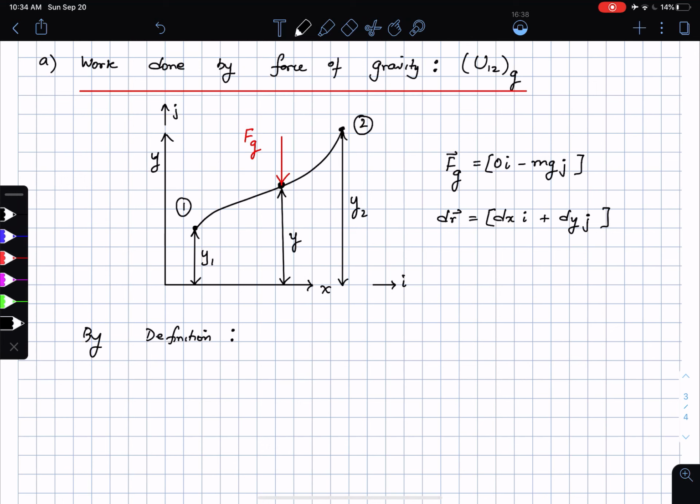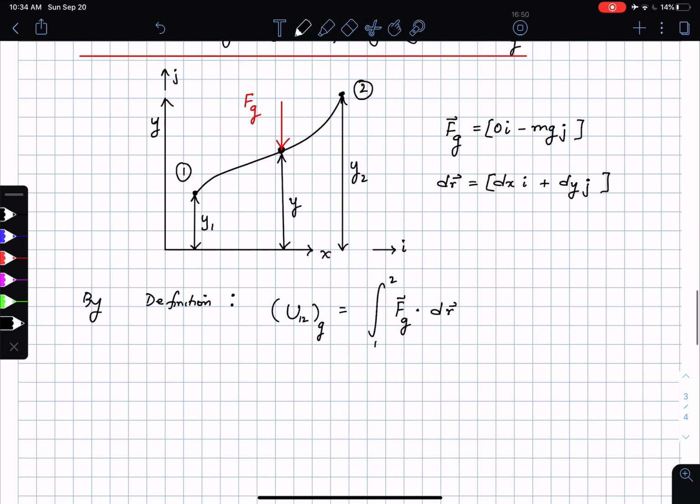the net work done U12 by the force of gravity on the particle is going to be, from position 1 to position 2, Fg dotted with dr. Which means that U12G is going to be the integral from 1 to 2 of (0 i minus mg j) dotted with (dx i plus dy j).